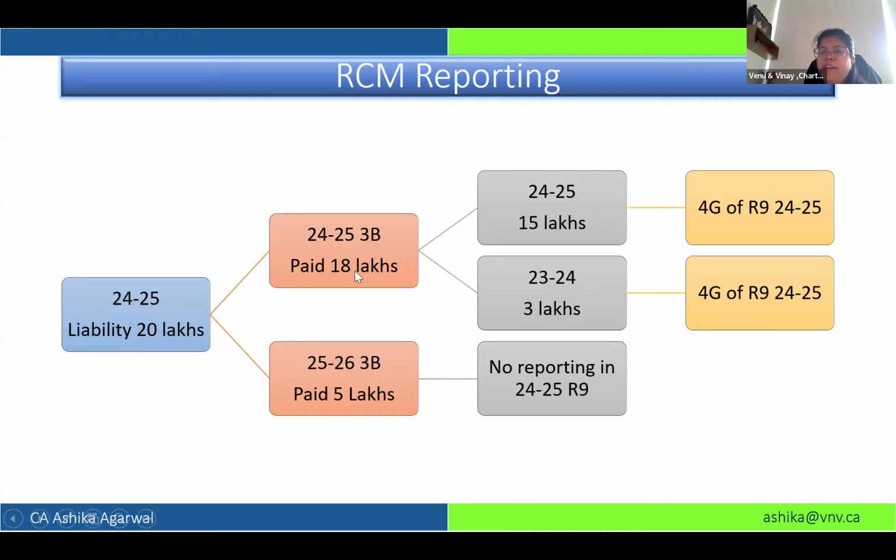Now, if you see my 3B, I have paid 18 lakhs. So you will say I am liable to pay the balance 2 lakhs. Now it depends on how that 2 lakh has been paid. Have you paid through DRC 03 or in the next year, 25-26? That is what you have to see.